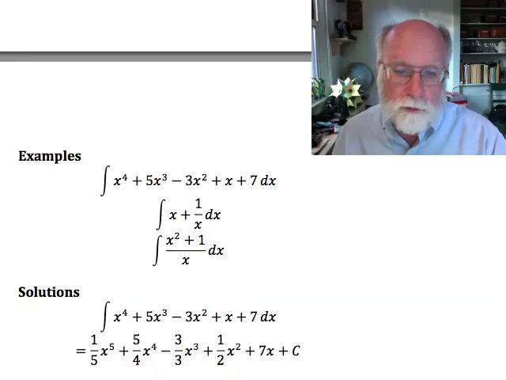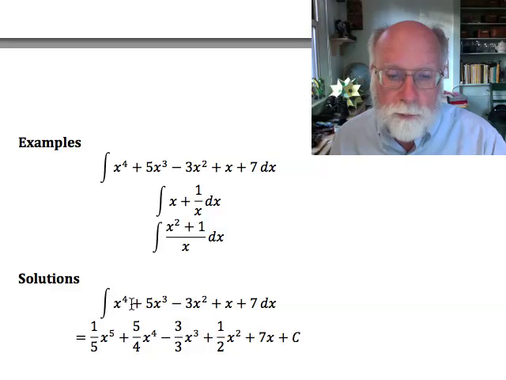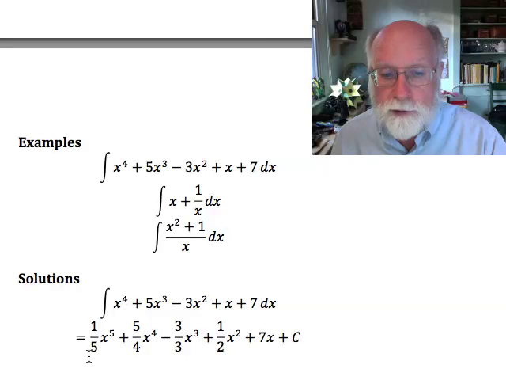Now for the first integral, we're going to use this property that the integral of a sum of functions is the sum of the integrals. And so we can integrate x to the 4th and integrate 5x cubed separately and then add the answers together.